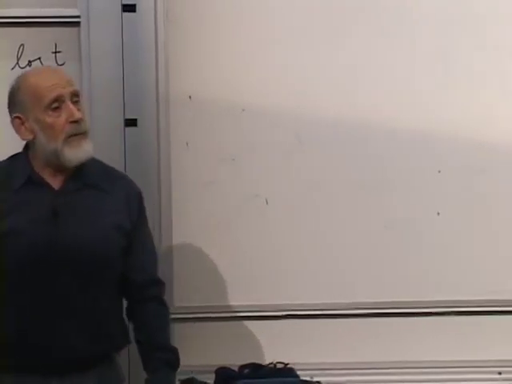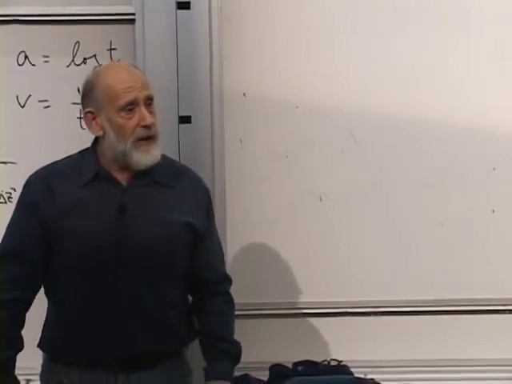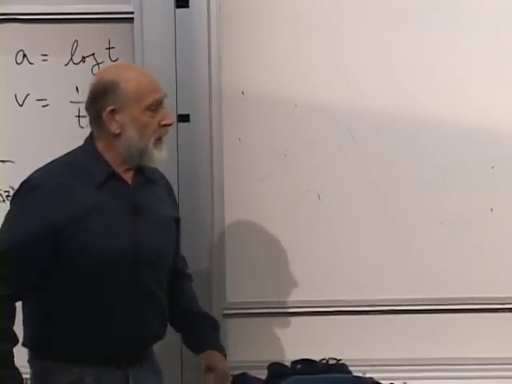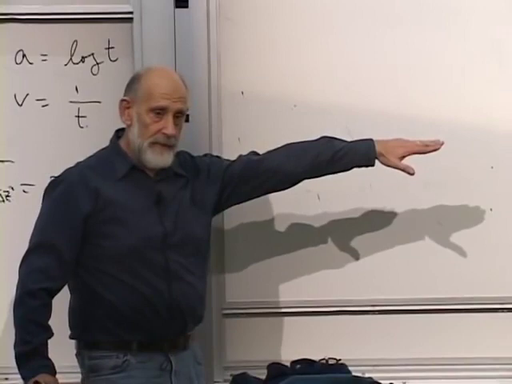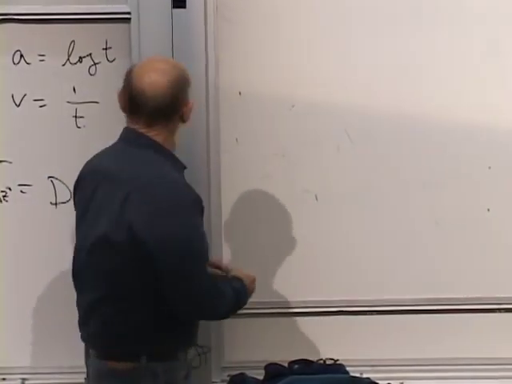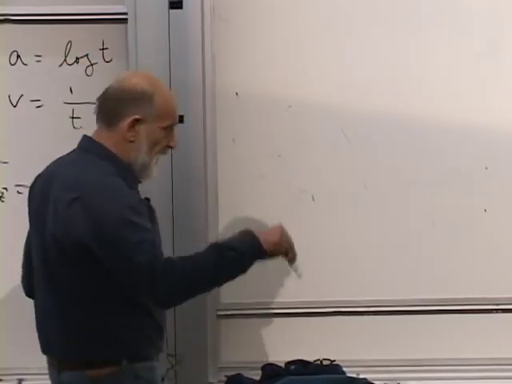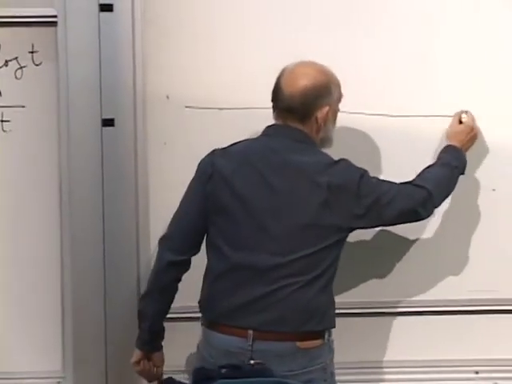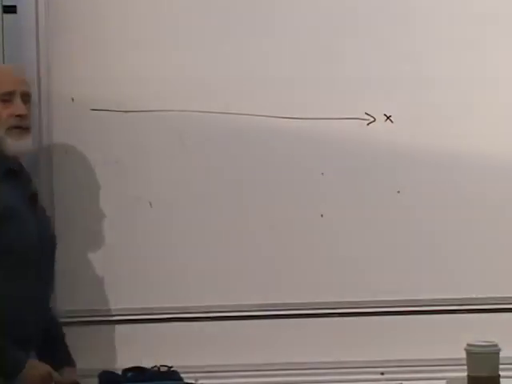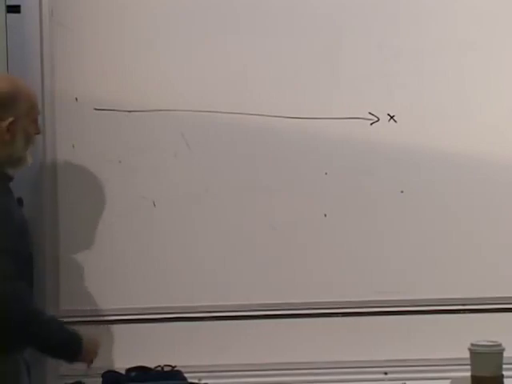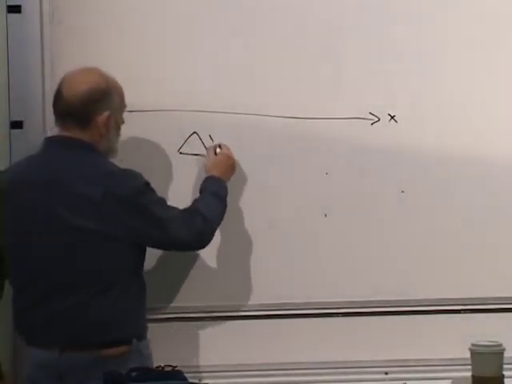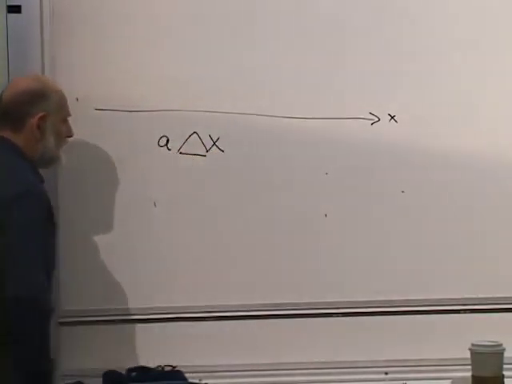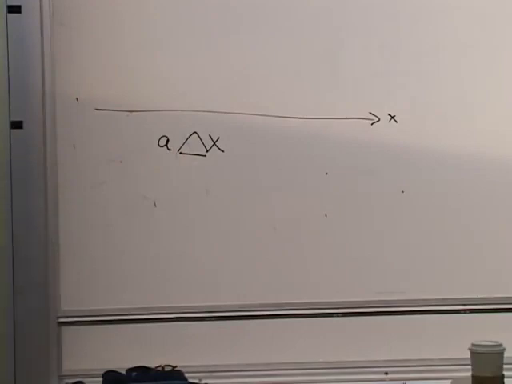Let's start with a very simple geometry. Again, a one-dimensional geometry. Let's first consider the infinite straight line. We have our coordinate x, and we have that the distance between any 2 points is delta x times a. Let's think of that in terms of a metric. Remember what a metric is.